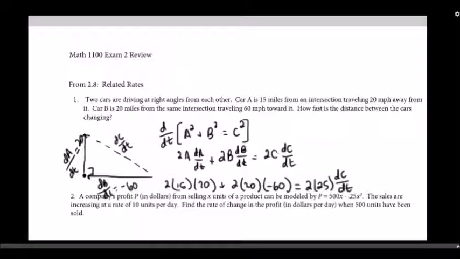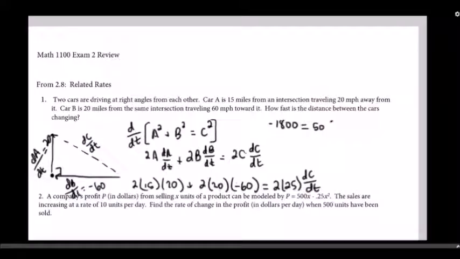So we've got 600 plus negative 2400, which is negative 1800, equals 50 dC/dt. So dC/dt is negative 36 miles per hour.